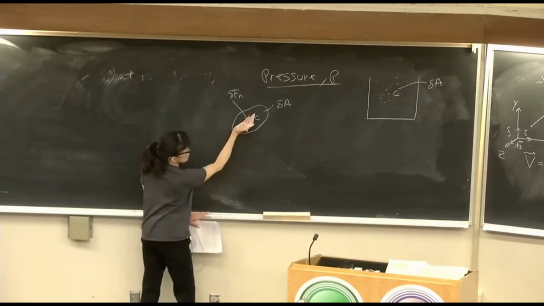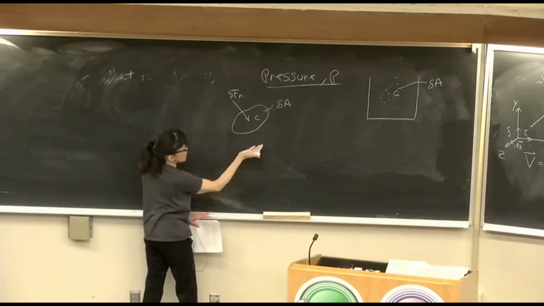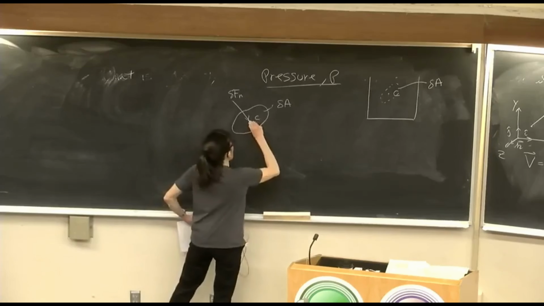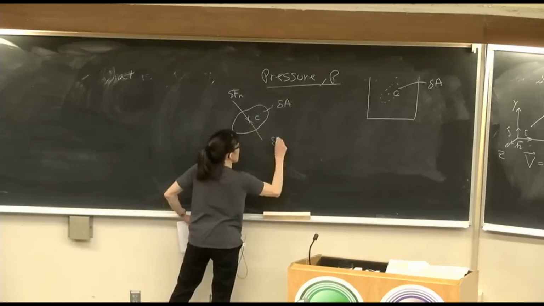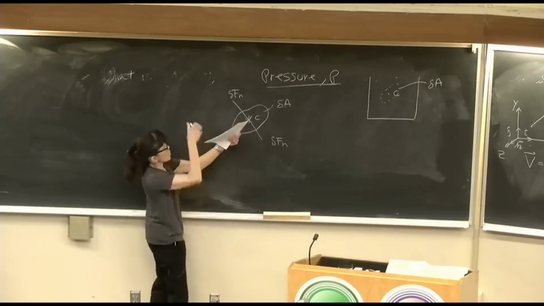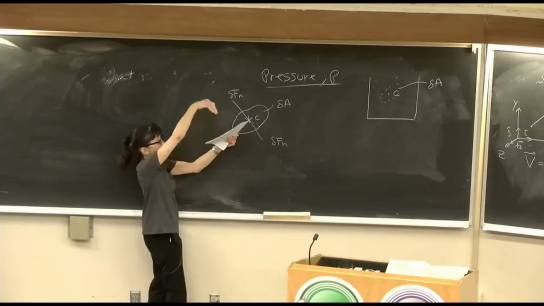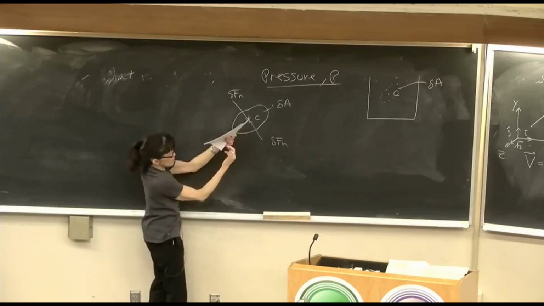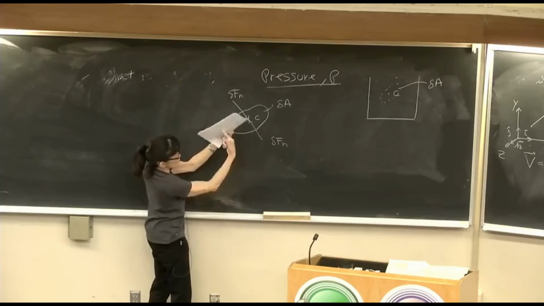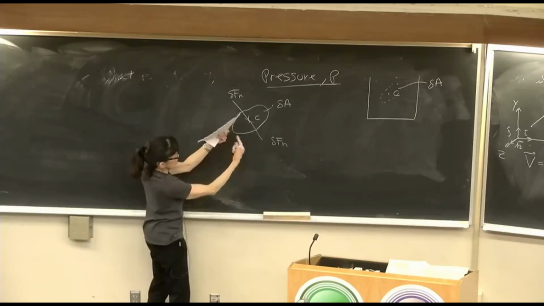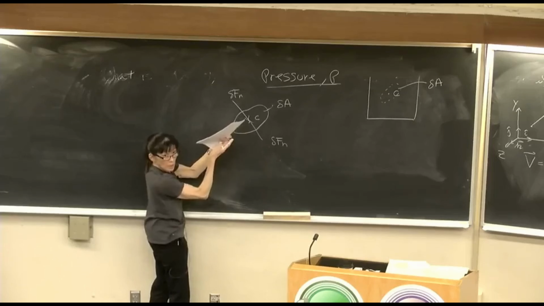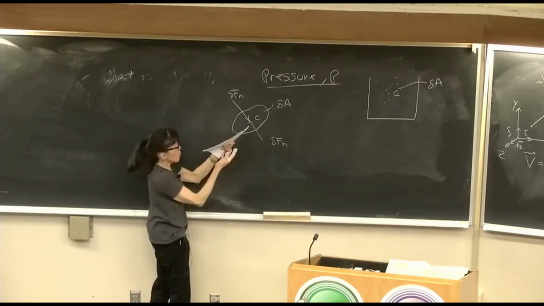But this fluid is at rest, so there has to be an equal and opposite force associated with the action of the fluid below, on the other side of this surface. So due to the fluid above, there's a normal force, delta Fn. But due to the fluid below, there will be an equal and opposite normal force acting on that area, delta Fn. Okay? And this is associated with the fluid above and below.